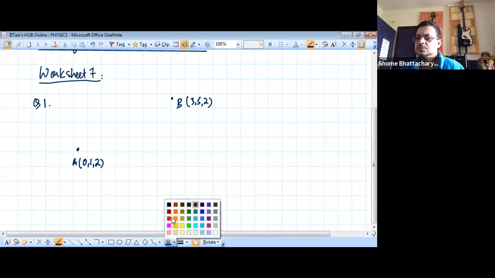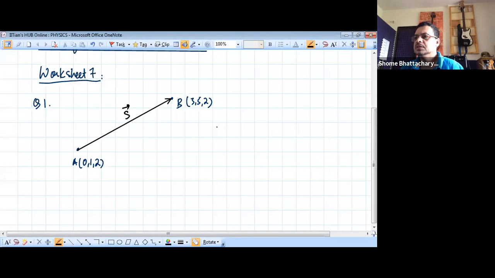So as it is moving from this point to this point, its displacement vector will be the vector joining the initial point with the final point. So the displacement vector should be the vector AB.